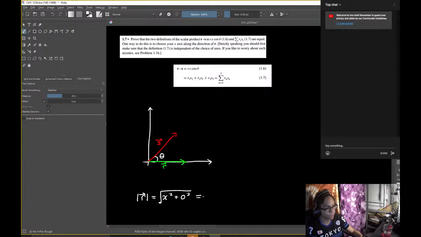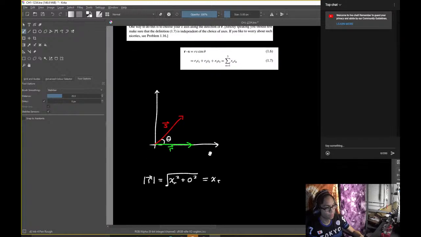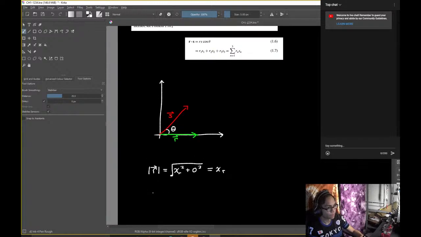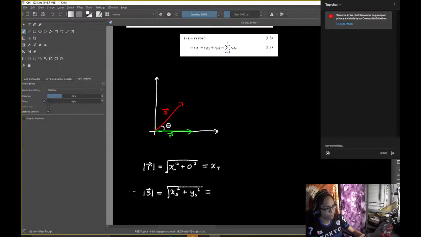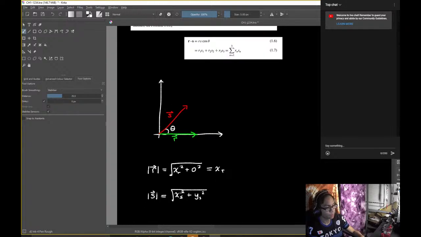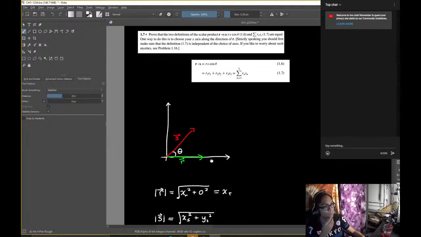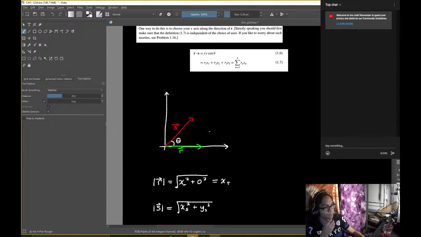It's basically x, I'll call it x_r. And then s magnitude is equal to the square root of x_s squared plus y_s squared. I'll keep it as that. Okay, after this, what now?